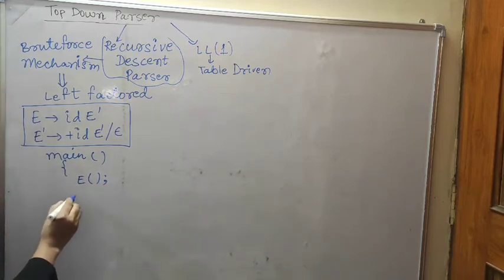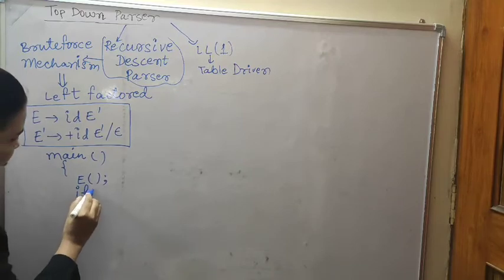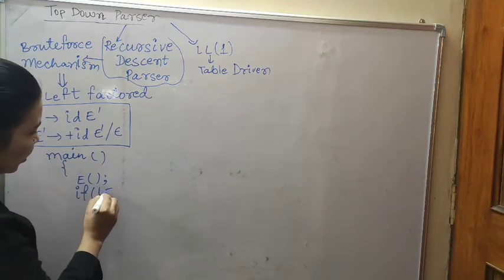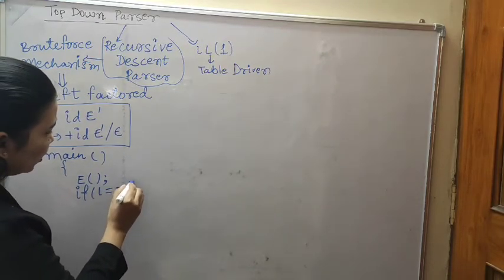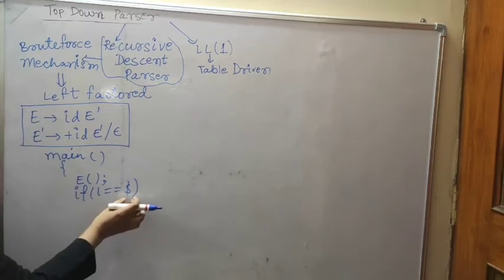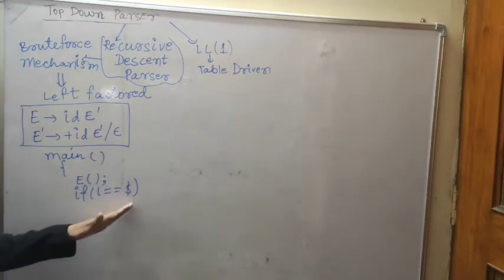Then afterwards, if look ahead, L for look ahead, equal to dollar. In parsers, the last symbol in the input we use is the dollar.